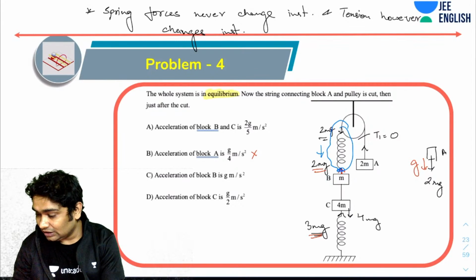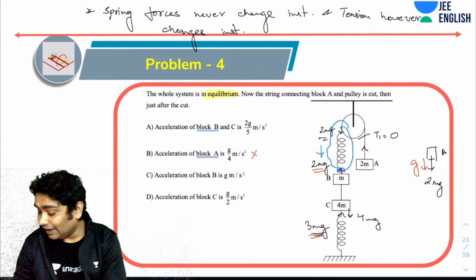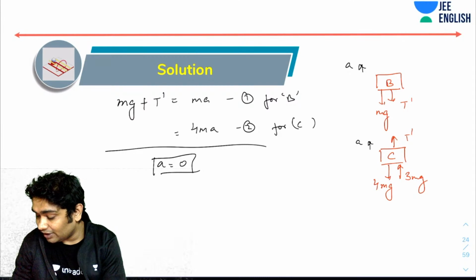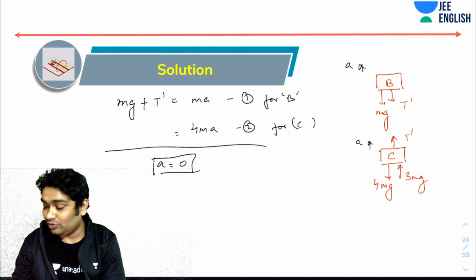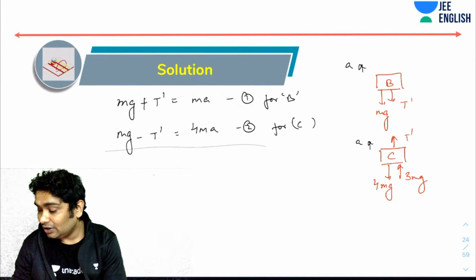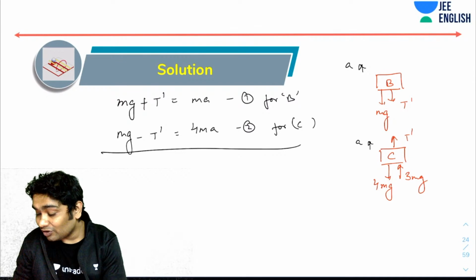The equation for the first one would have been like this, and the equation for the second one, in fact, would have been mg minus T dash. Now, when you added both of them, you got 2m times a.